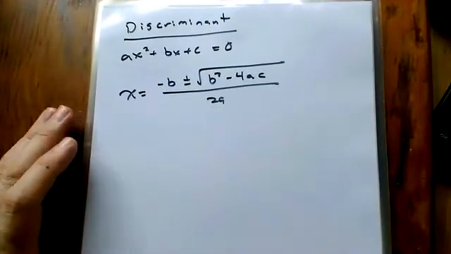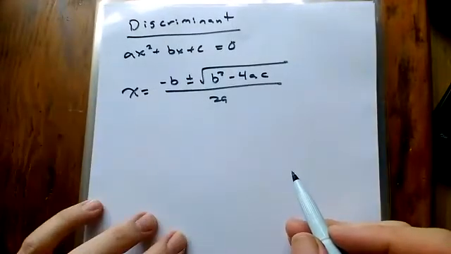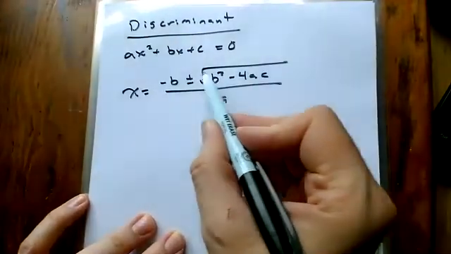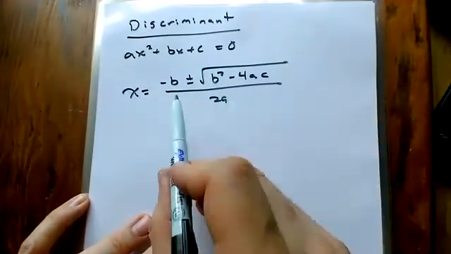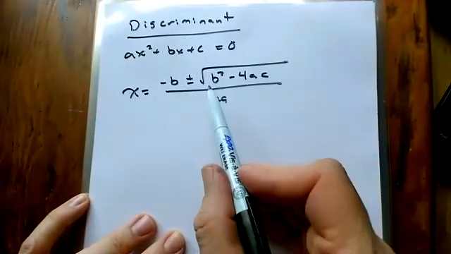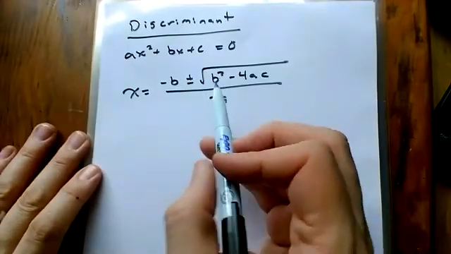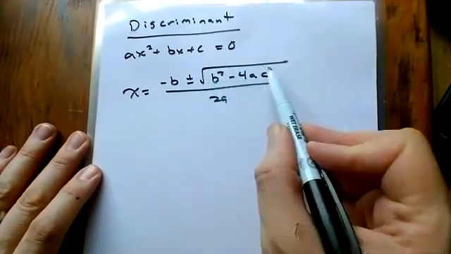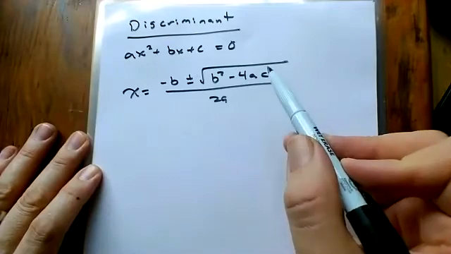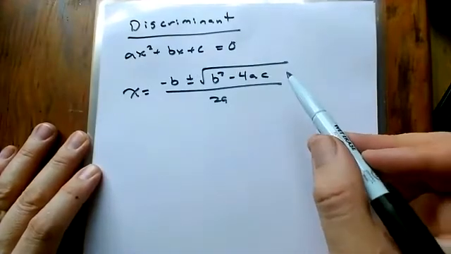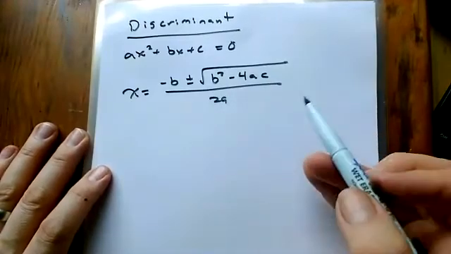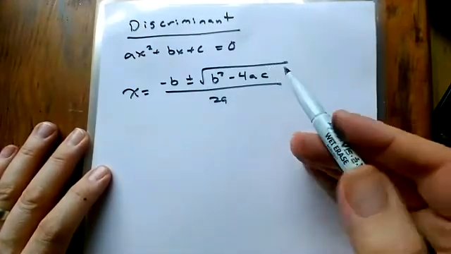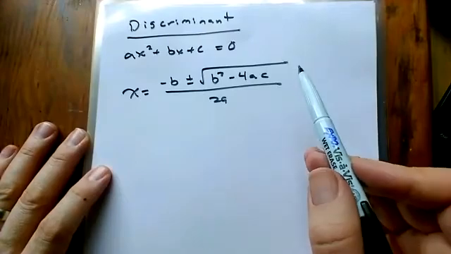Now, the discriminant literally is just a piece of the quadratic formula. You can tell that whatever is under this radical is going to help determine both the number and type of your answers. You can take the square root of a positive number and you're left with a positive real number.